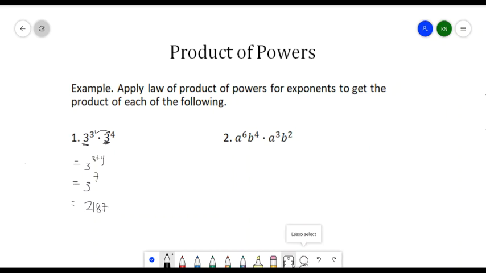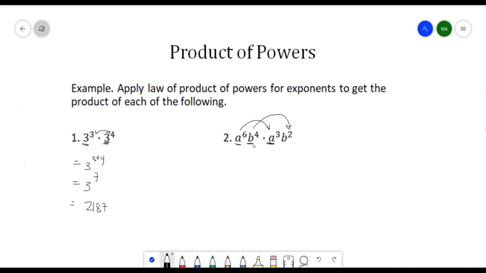2187. So we have here another example, a raised to 6, b raised to 4 times a cubed, b squared. As we know, we cannot add the exponents of these because they have different bases. Since a raised to 6 has the same base as a cubed, you can perform the operation on those, and likewise on the b terms.